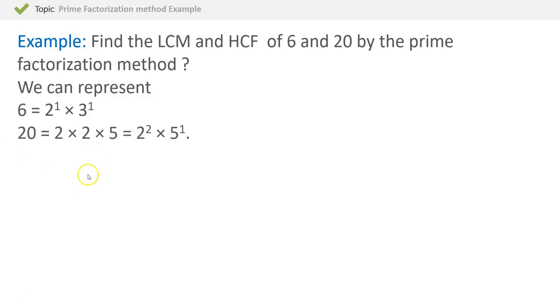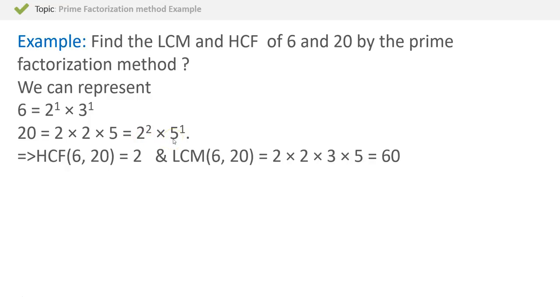Similarly, 20 can be represented as 2 multiplied by 2 multiplied by 5, which is 2 squared multiplied by 5, and 2 and 5 are prime. Hence the HCF of 6 and 20 is 2, and the LCM of 6 and 20 is 2 into 2 into 3 into 5, which is equal to 60.